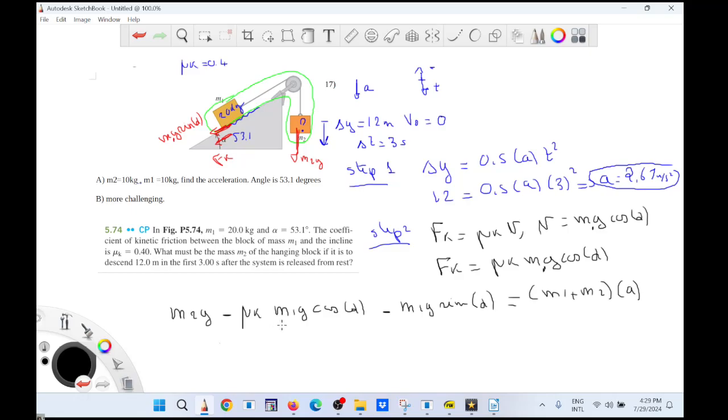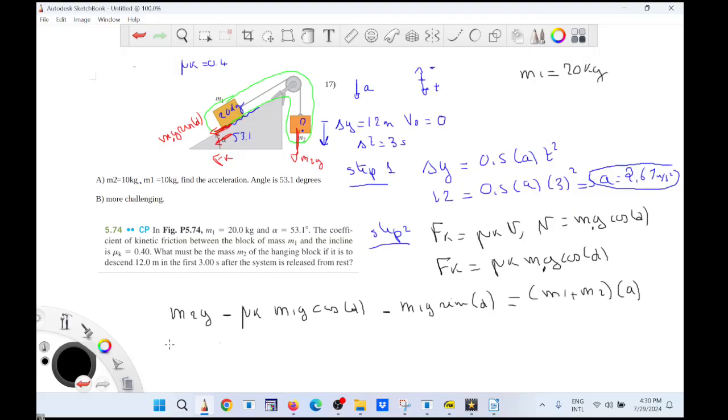I'm looking for M2. M1 I do know: M1 equals 20 kilogram.